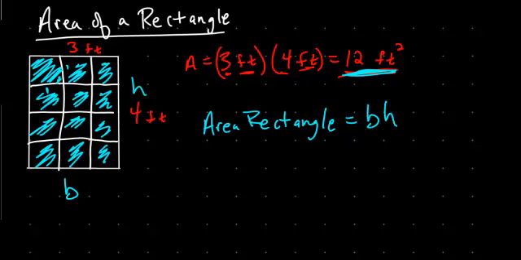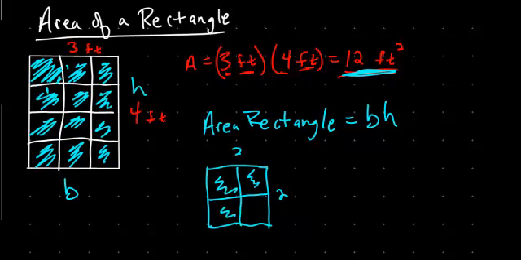Okay, so now a square. Here's a square, and a square is a rectangle, by the way. So this is 2 by 2, and so our area is going to be 4. And if you look at it, we can divide it into 4 1 by 1 squares.